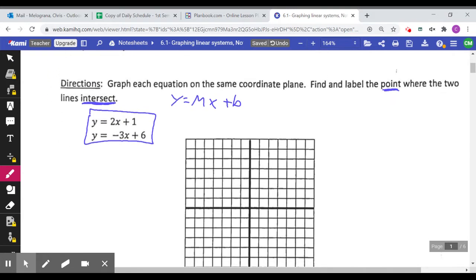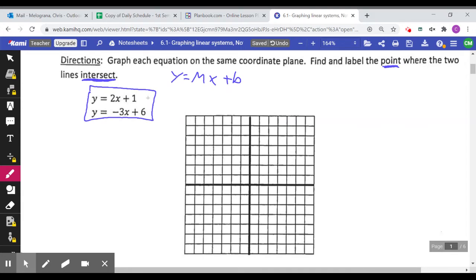Now, this first line, y equals 2x plus 1, I'm going to do this in blue, and then I'll pick another color for the second equation. So the y equals 2x plus 1, our slope, or m, is 2 over 1, and our b value is positive 1. So to graph, remember we begin at 1 on the y-axis, which is right here. So I'll put a little check mark.